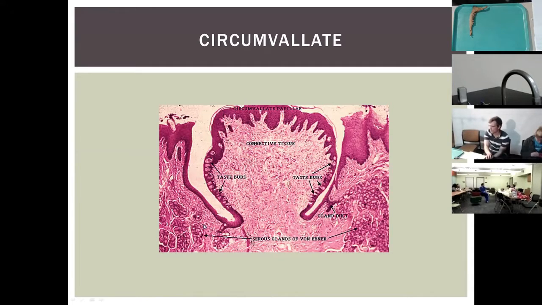What happens is you have glands here that excrete a substance out into this valley, and it actually cleans out the taste buds. So that's why when you eat chocolate cake, you don't taste it for days. It doesn't just sit on your taste buds. You have these glands that actually sort of wash out the taste buds so that you can taste new things.